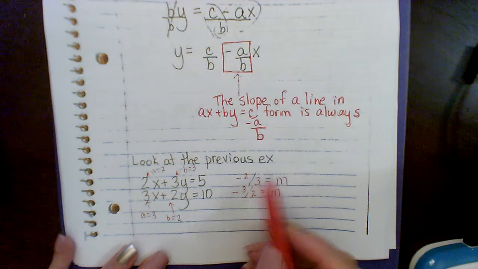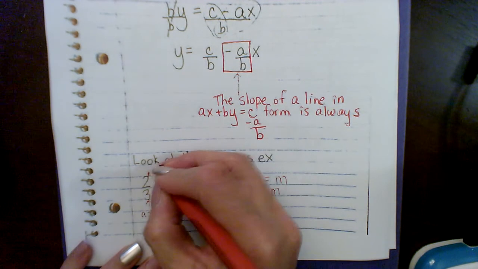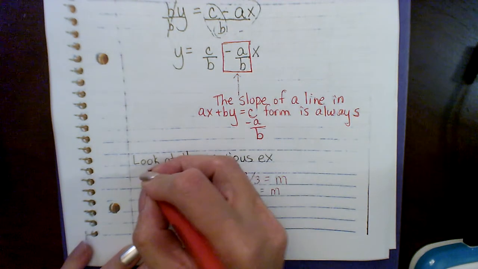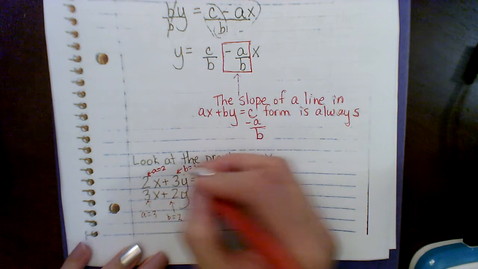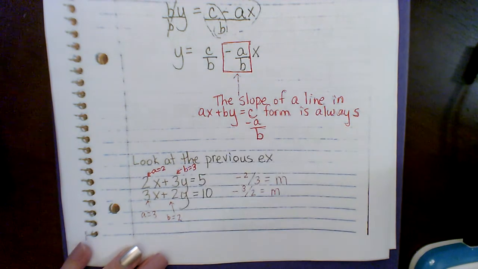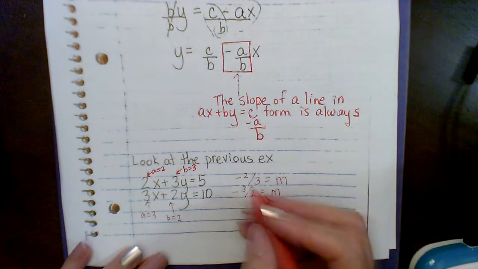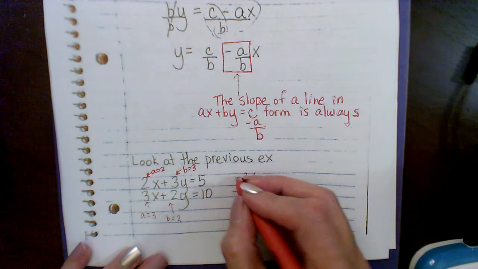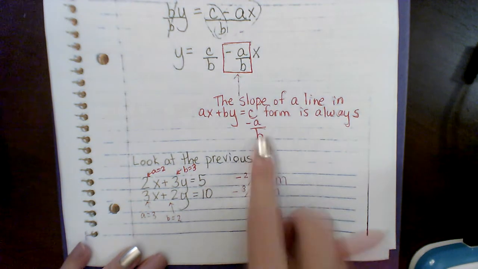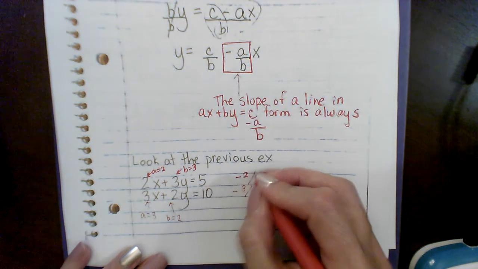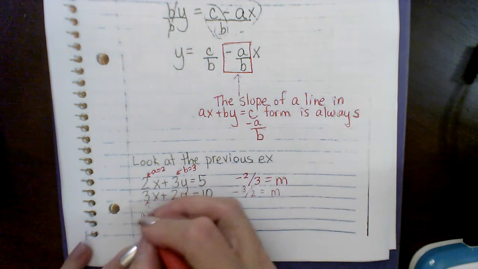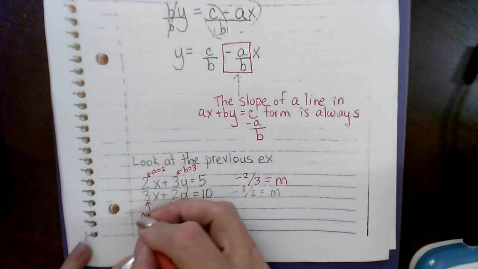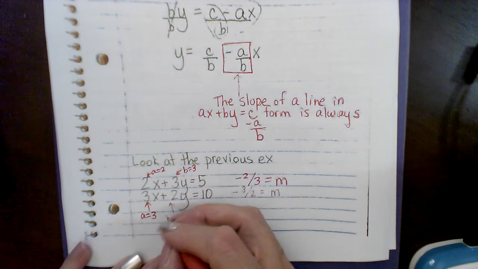So looking at this previous example, we have right here that a is 2, that's the coefficient of x. Then we have b equals 3, the coefficient of y. So negative a over b, there's my formula, would be negative 2 over 3 as my slope. All right, here my a value is 3, the coefficient of x.